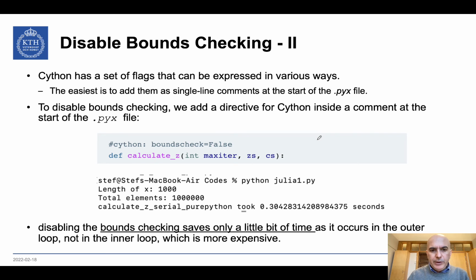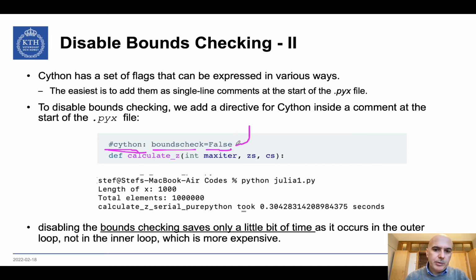How do we do that? This is very simple. We can add at the beginning of our code a so-called pragma to talk directly to Cython. To add the pragma, we use a pound sign, then cython, then a colon, which tells the compiler that we want to talk to Cython, and then we set boundscheck equal to False.